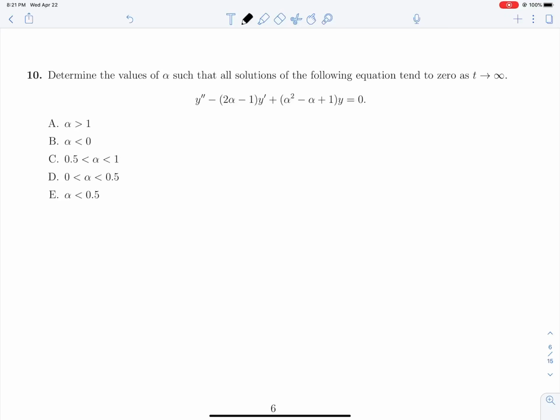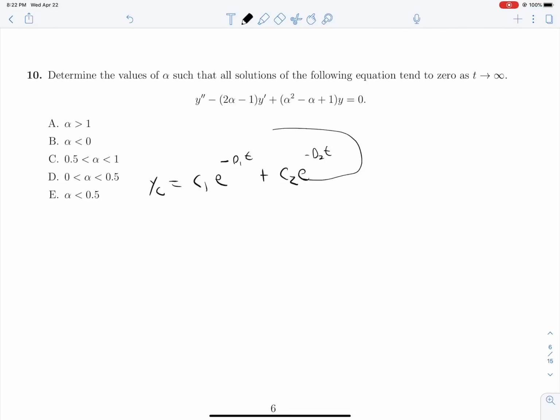So we know that if our solution for our characteristic equation gives us y_c equal to c1 e to the negative d1 t plus c2 e to the negative d2 t, then our solutions will approach 0 as time approaches infinity.